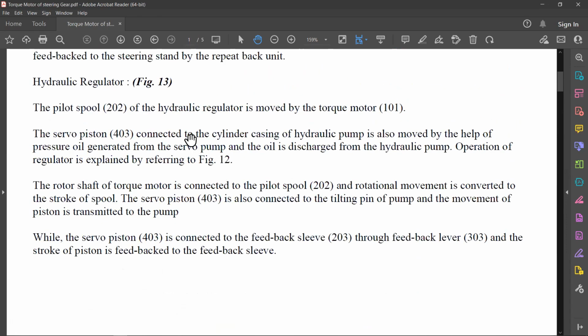Now the servo piston is connected to the cylinder casing of the hydraulic pump and is also moved with the help of pressure oil generated from the servo pump, and the oil is discharged from the hydraulic pump. Operation of the regulator is shown in figure 12.